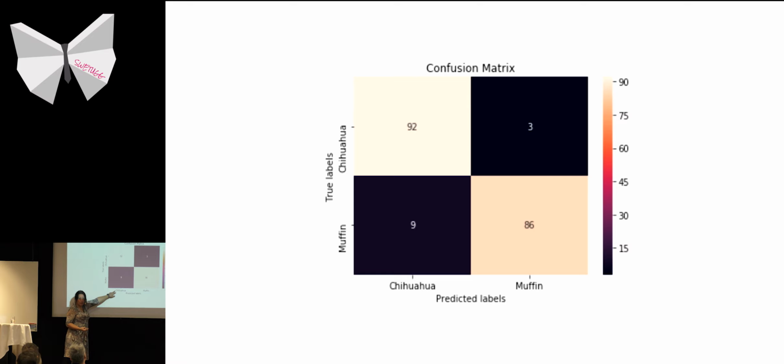So out of the 95 chihuahuas, we guessed that 92 of them were chihuahuas and 3 of them were muffins. Out of the 95 muffins, we guessed that 9 of them were chihuahuas and 86 were muffins. So we were doing a little bit better on the chihuahuas than the muffins, but in general we want this diagonal to be very high, because these are the correct ones, so to speak.